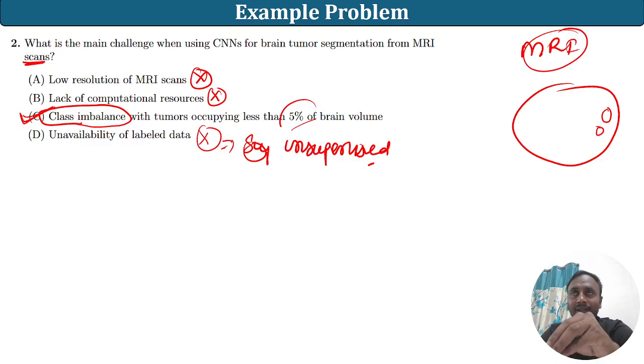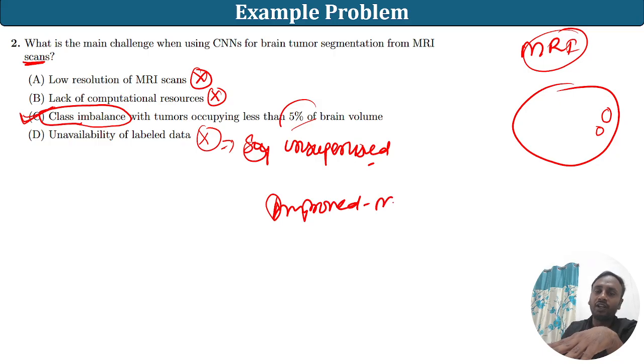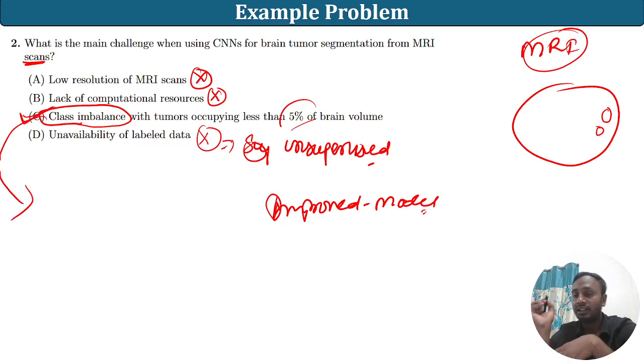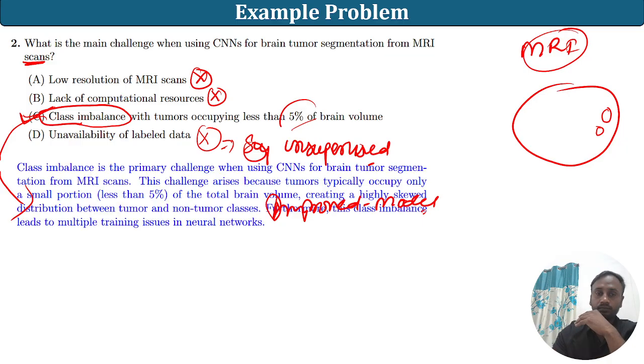We can build an improved CNN model, but at the basic, fundamental level the main challenge is class imbalance, and CNN doesn't handle it well.